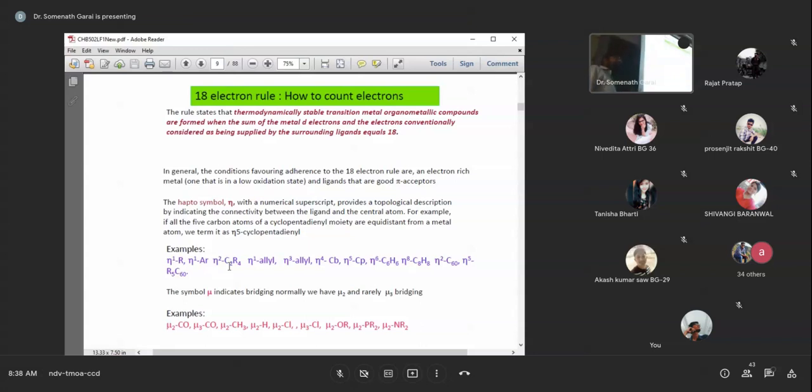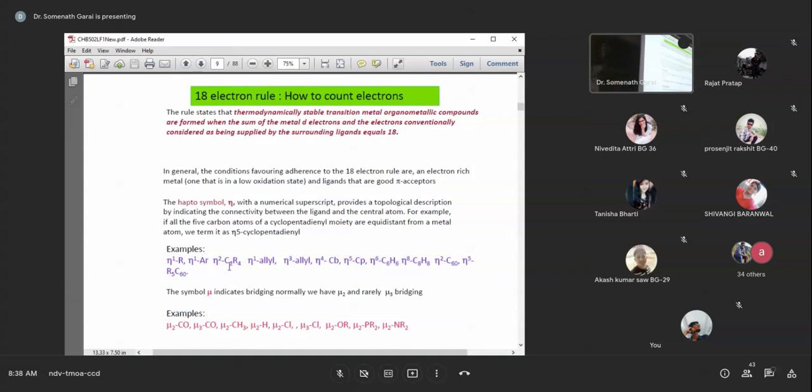That is what the 18 electron rule is guiding. For example, if the metal environment is such that after getting all the electrons it is going to 19 or 20 electrons, what will cyclopentadienyl do? Normally the bonding of cyclopentadienyl is shown this way.